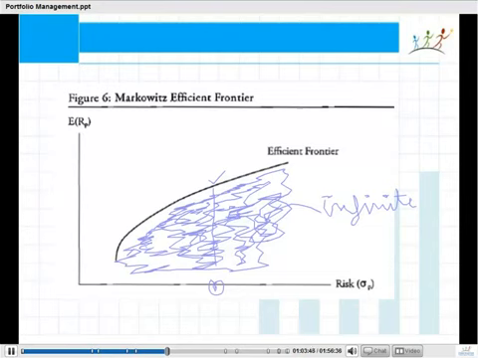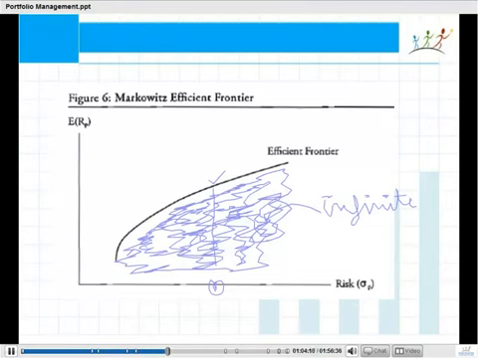The assumption is that there is no risk-free asset available. So all assets have some risk. There is no asset which gives me a return for zero risk.